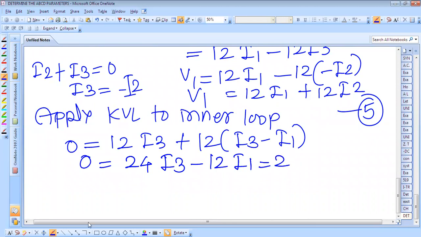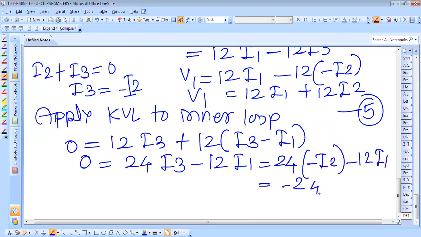So what will be here? 24 into minus I2 minus 12 I1, so it is minus 24 I2 minus 12 I1 is equal to 0.